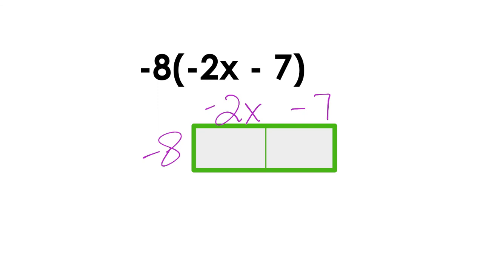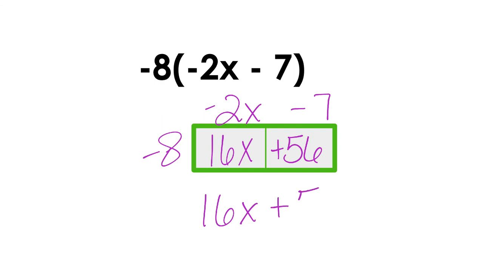Excuse me. -8 times -2x? 16x, positive 16x, right? And then a -7 times a -8? So my final product? 56. There it is.